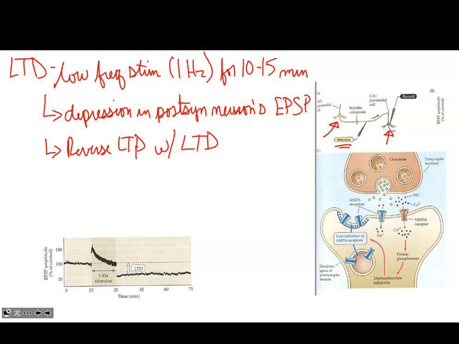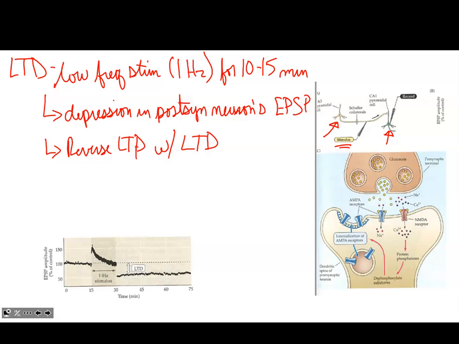If a synapse is strengthened, where we may go from a 5 millivolt EPSP to an 8 millivolt EPSP, that 3 millivolt increase in strength is reversed when LTD is initiated. How much LTD occurs? That same 3 millivolts. So we get back to our original synaptic strength.